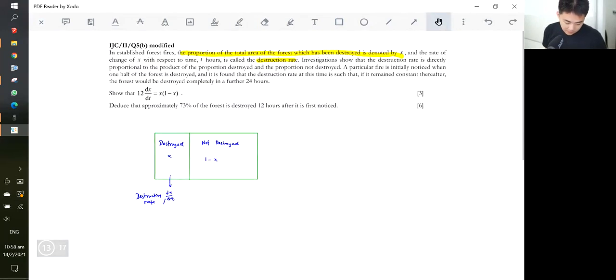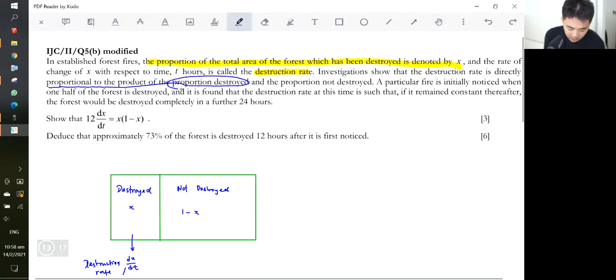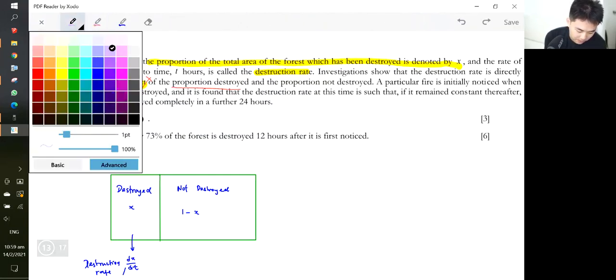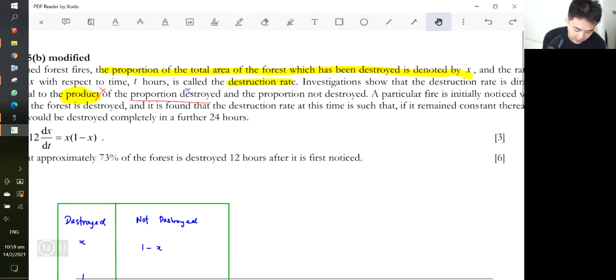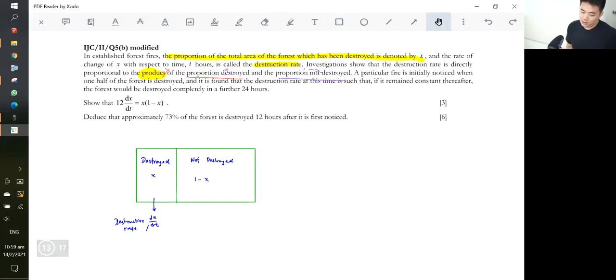Then the next part is what? Investigation shows that the destruction rate is directly proportional to the product of the proportion destroyed and the proportion not destroyed. Product meaning X, the proportion destroyed, and 1 minus X, the proportion not destroyed. You see that?